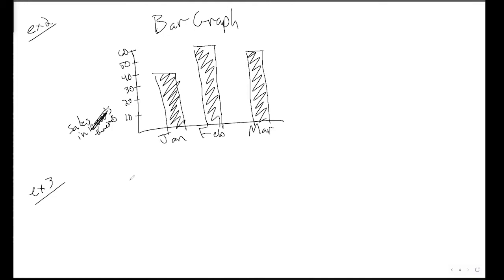Okay. All right. So the third kind of graph I'm going to show you is called a line graph, or sometimes it's called a broken line graph. And I'll tell you why it's called a broken line graph, but you could do the same data. So we got our January, February, March, and we could still have our same data here, same scale in thousands.